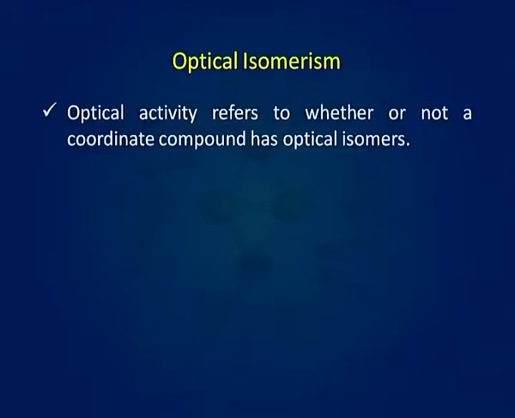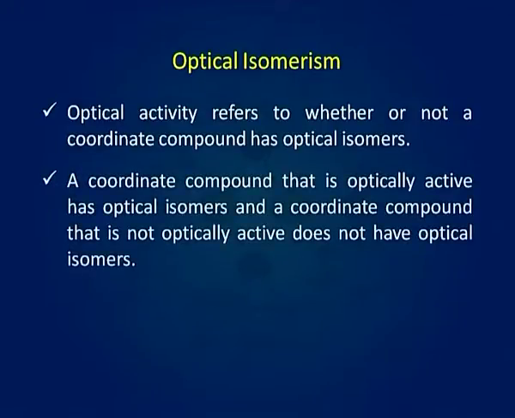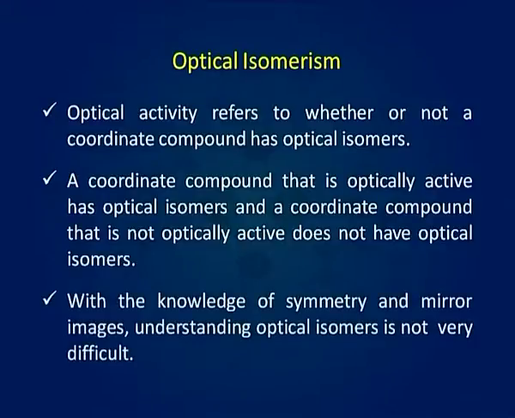Optical activity refers to whether or not a coordinate compound has optical isomers. A coordinate compound that is optically active has optical isomers, and a coordinate compound that is not optically active does not have optical isomers.